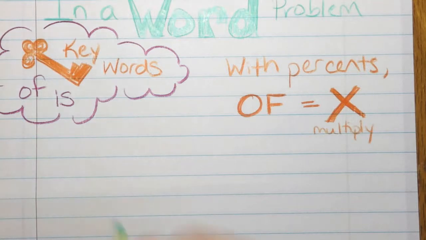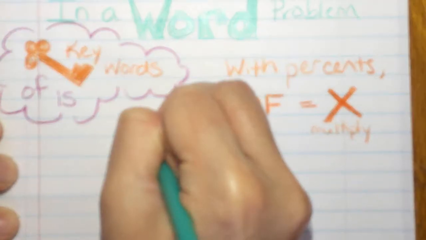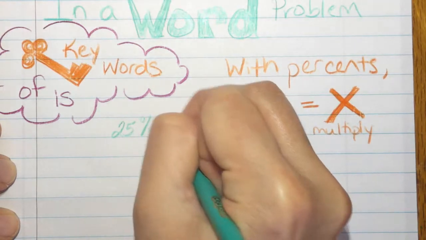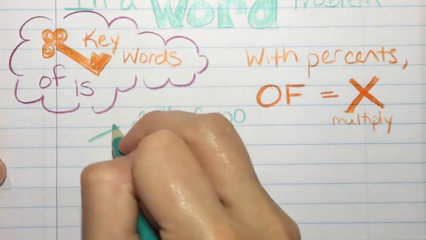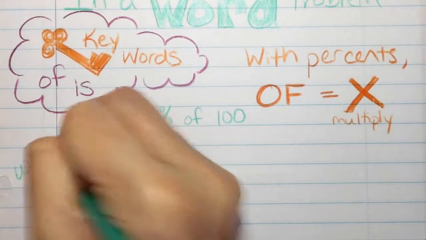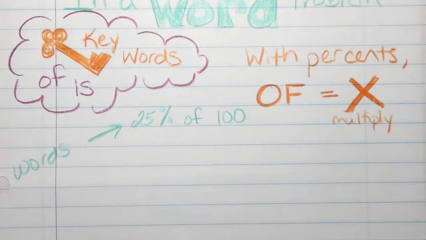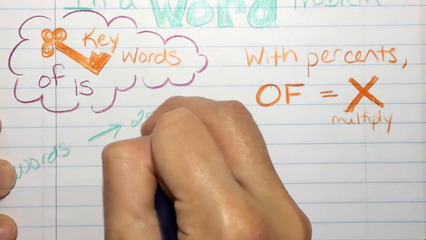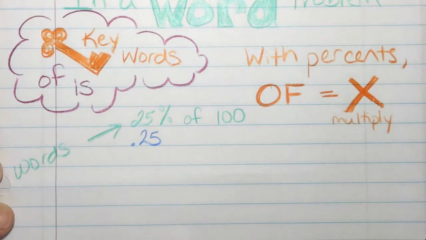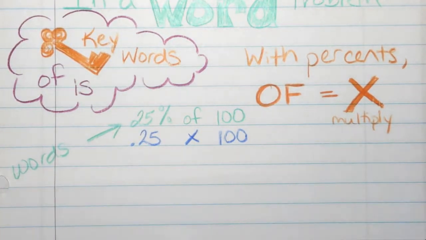So, for example, 25% of 100. Okay, so there's the words, and then the math: 25% made into a decimal is 0.25, of becomes a multiplication sign, and then the 100 stays the same. So to find 25% of 100, you do 0.25 times 100.